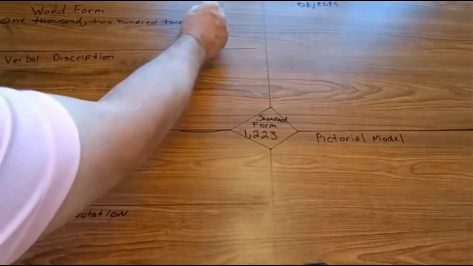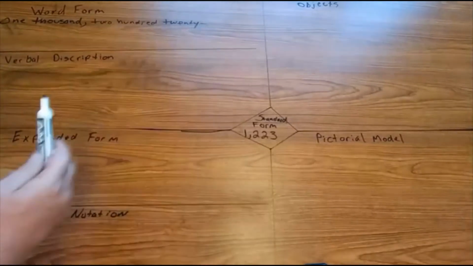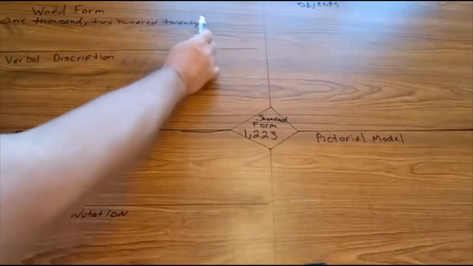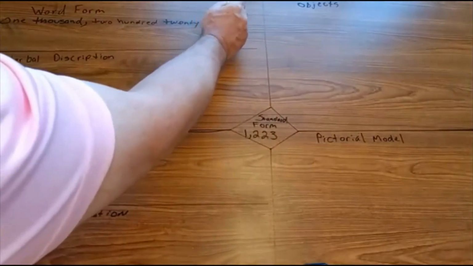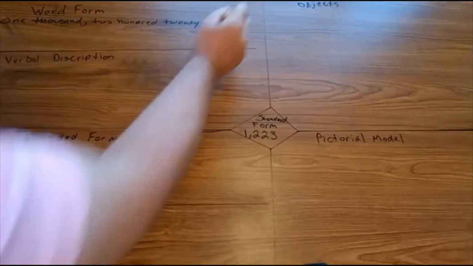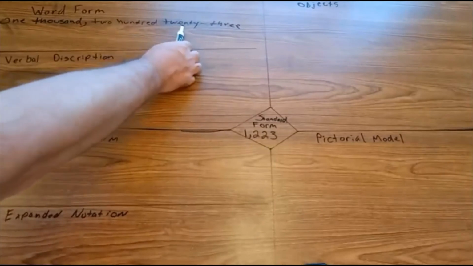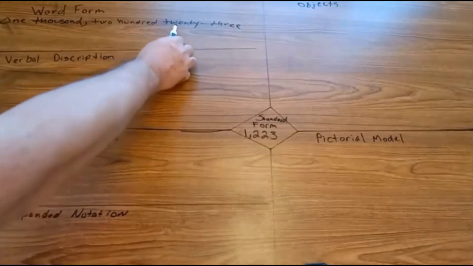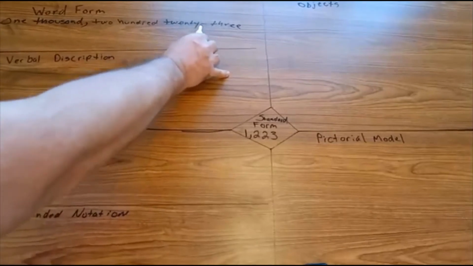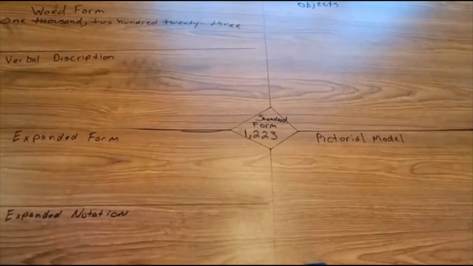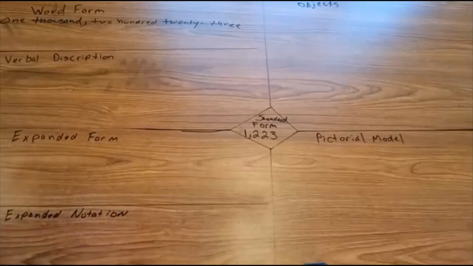And whenever I write a word that ends in Y and there's something in the ones place, like 23, I hyphenate it. Or if it was 23,000 or 23 million, I hyphenate basically any word that ends in Y, I put a hyphen after it. Okay, so this is the word form for 1,223.